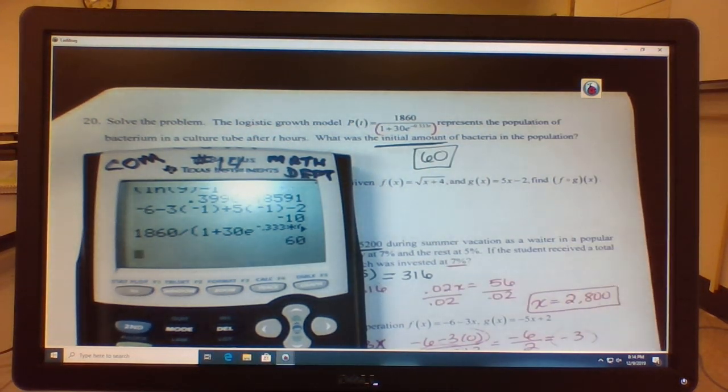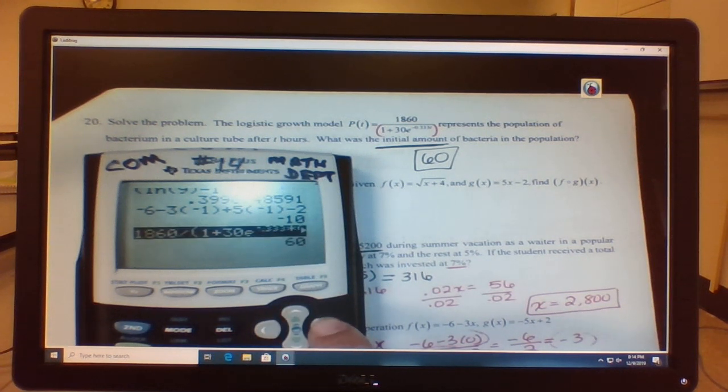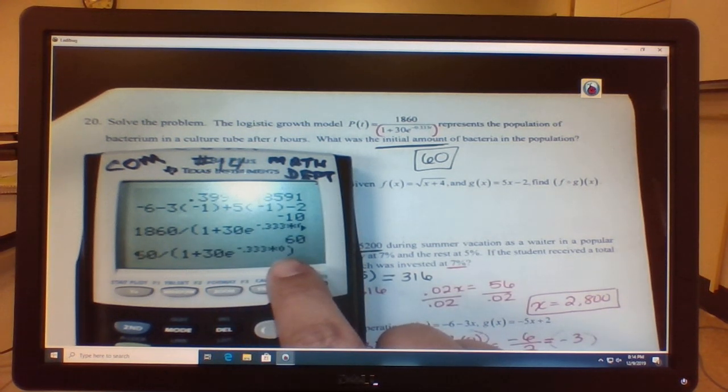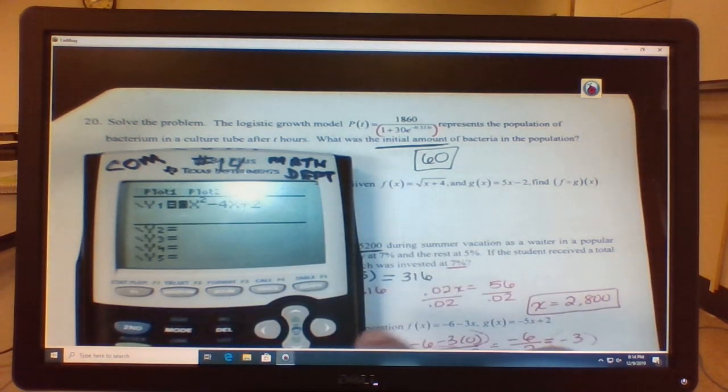Thank you. So you just plug it in and just plug in a 0 for the x. You see how I entered it right there, times 0? Now, the other way is you input it in here, 1860, parentheses, 1 plus 30 e to the negative 0.333 x.